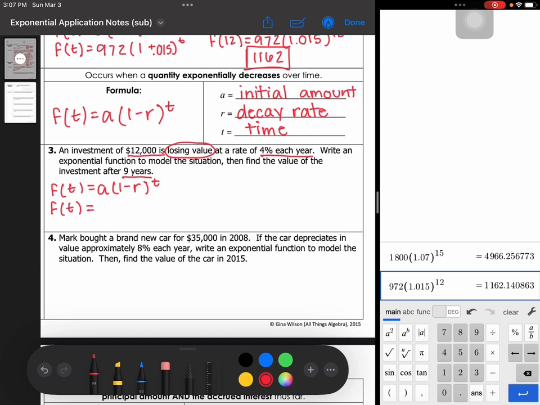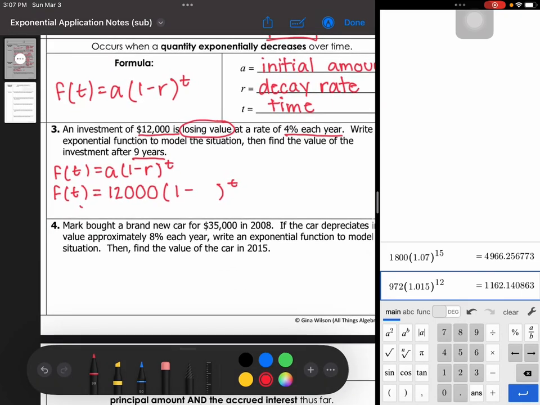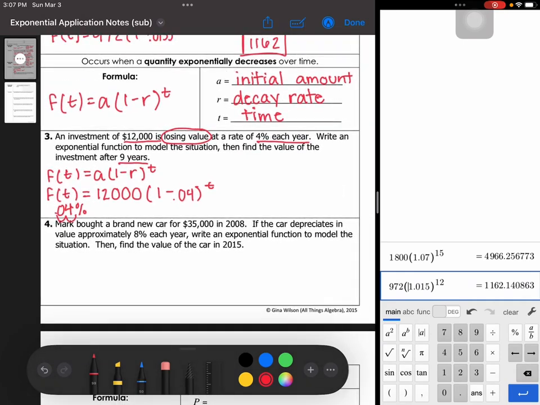We know that the initial investment is $12,000. And then to find our rate, we know that it's 4% each year. So if we were to convert that to decimal form, that would be 0.04. And we know that we are wanting to model this situation after 9 years.